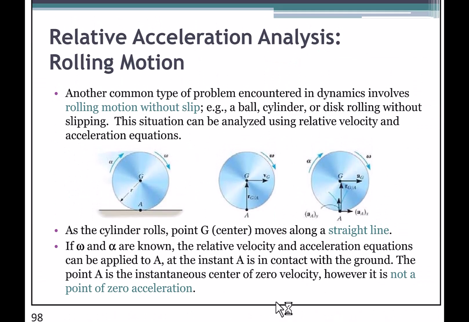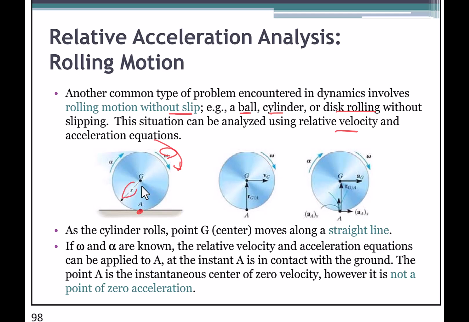We can apply this to rolling motion, also a special case. Another common type of problem encountered in dynamics involves rolling motion without slip. The key is without slip. So balls, cylinders, discs and whatnot, rolling without slipping. This situation can be analyzed using the relative motion, relative velocity and acceleration equations. So this rotates with a certain omega, and this is the point of contact.